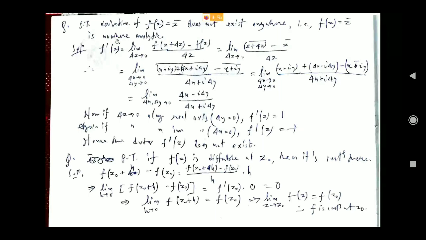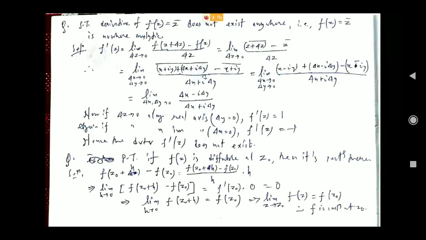Del z is del x plus i del y. So if del z tends to 0, then del x tends to 0 as well as del y tends to 0. So here we expand these things. We replace z by x plus iy, and del z by del x plus i del y.